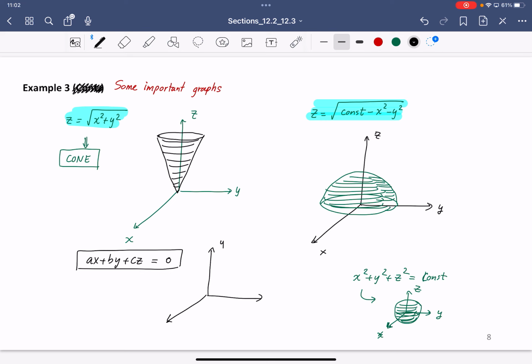Something like this, with axes x, y, c, and then you're going to have a plane in R3. This is a plane in R3. That one is a cone in R3. This is the sphere in R3, and this is the full sphere in R3.